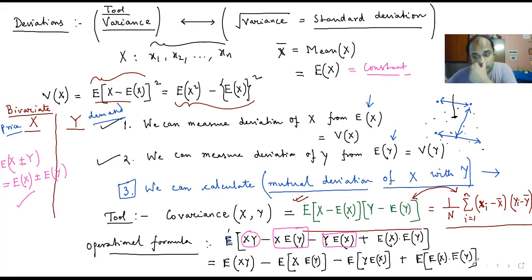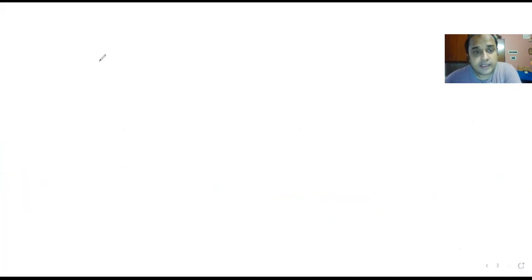Okay, now I have to go to the next page. Now you see that there is a property of expectation which says that if a constant quantity multiplies the random variable x, then we can take the constant quantity outside of the expectation sign, and it is exactly similar to this.